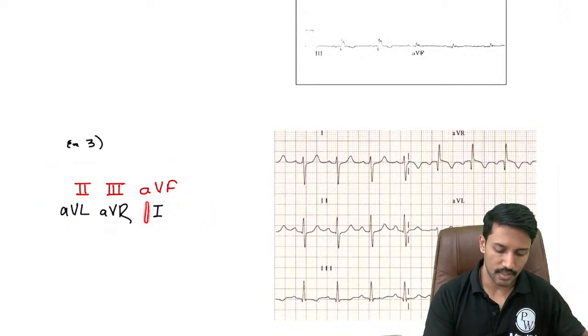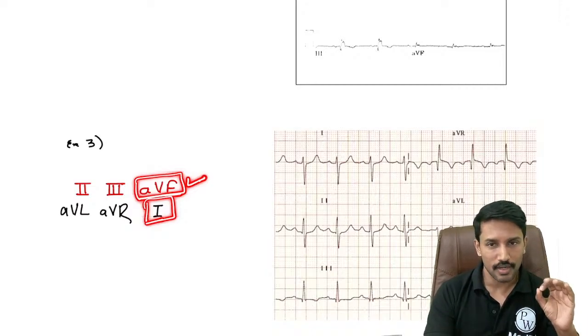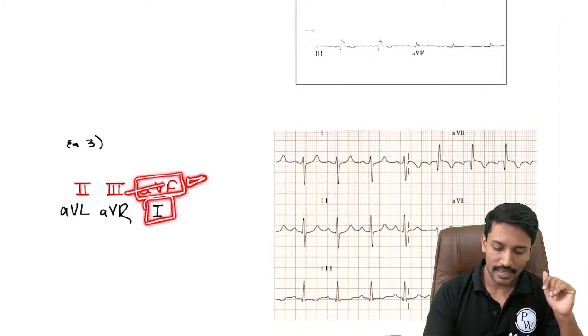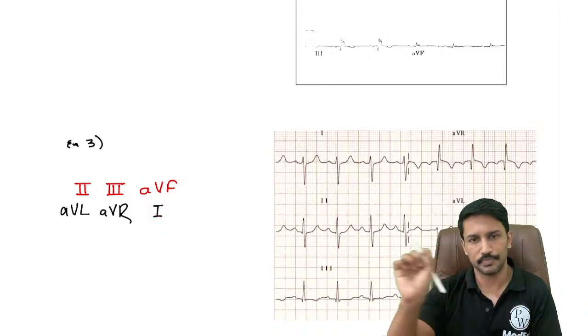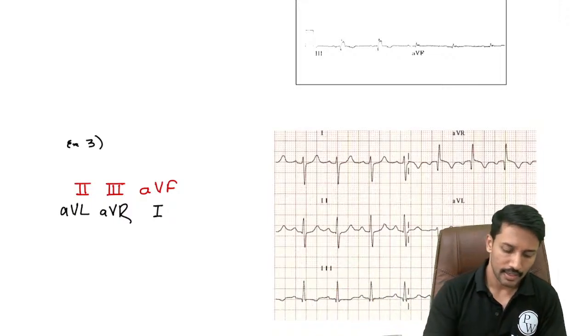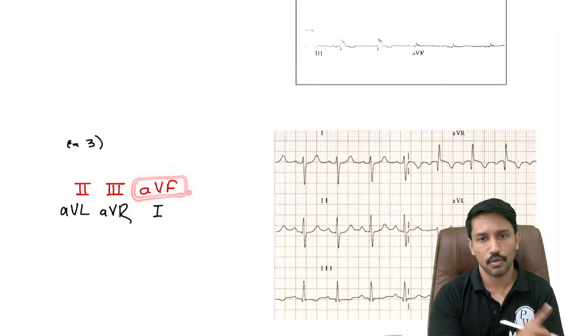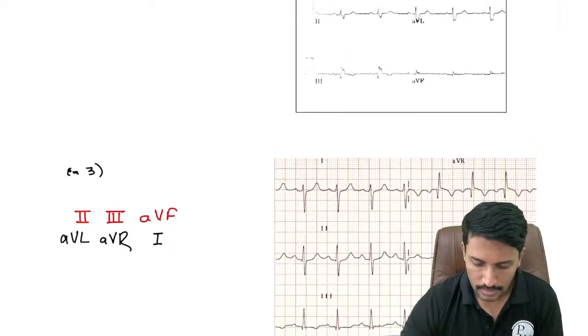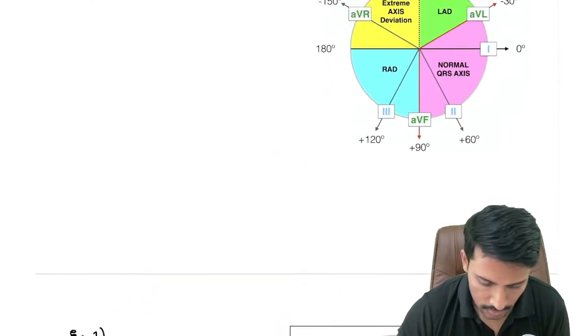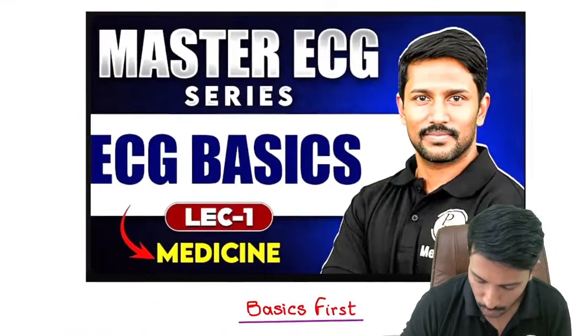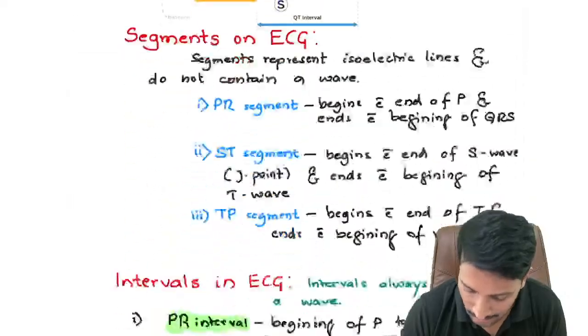Once you identify it, look at AVF. In AVF, if the QRS is positive, I look at what degree it falls into, and if it is negative, what degree it falls into. Let us see some more examples from the previous ECGs.